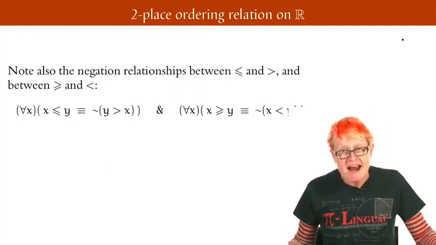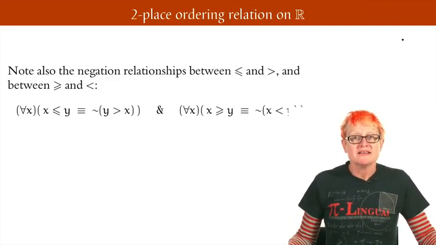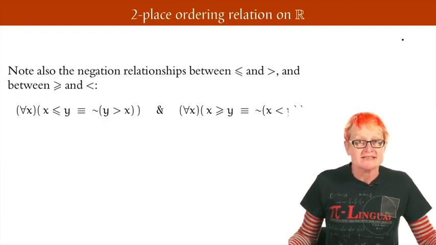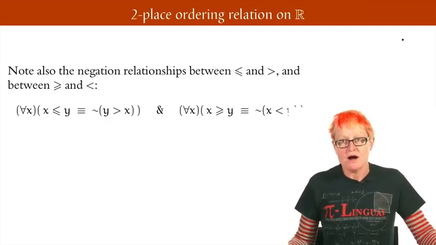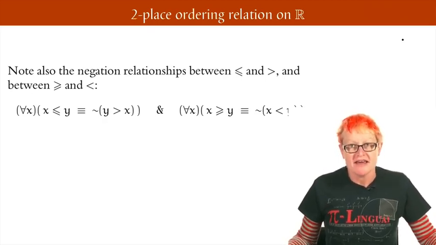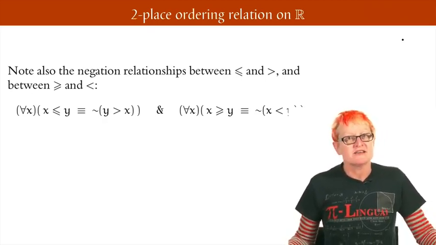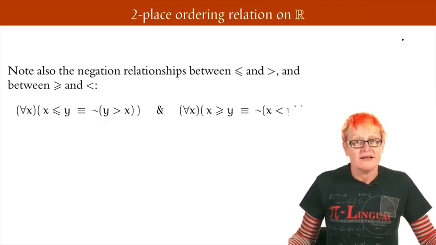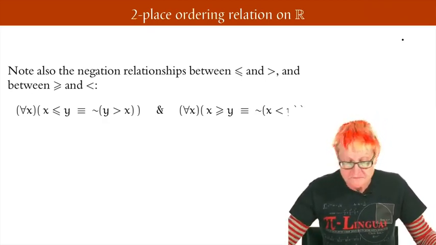In virtue of the linearity of the underlying order, these additional order predicates are related by negation. X is less than or equal to y if and only if it is not the case that y is less than x, and x is greater than or equal to y if and only if it is not the case that x is less than y.